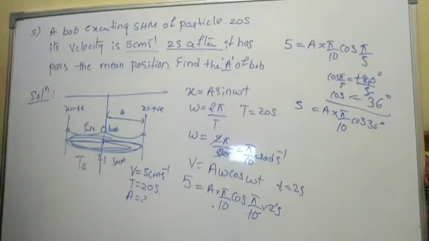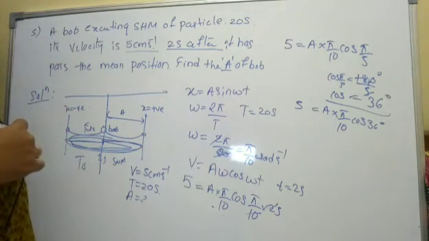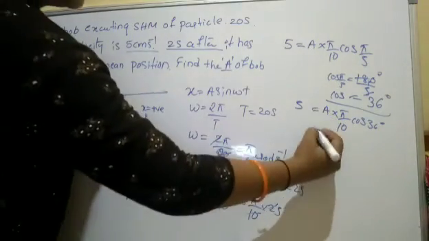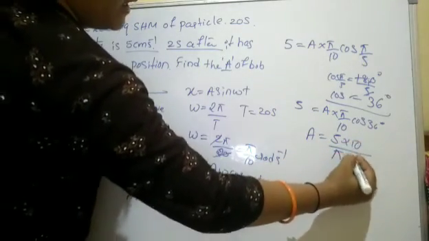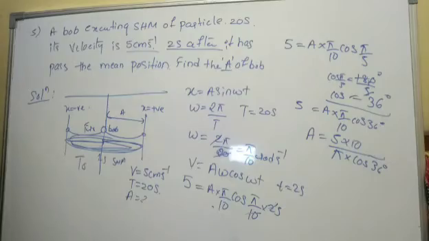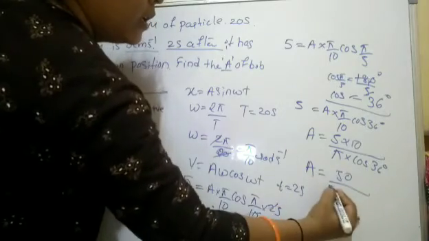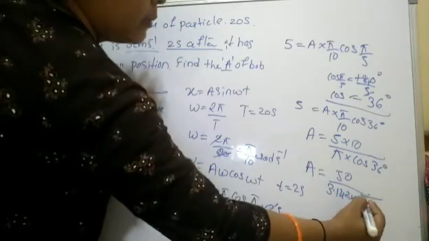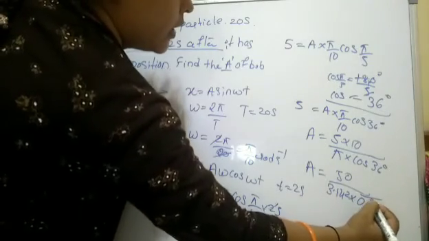For cos 36 degree you can make use of your class table or the logarithmic table. You will get to know what value you are getting. Now I am directly writing this value here. We need to calculate a, so it will come as 5 into 10 divided by pi into cos 36 degree. So amplitude is 50 by pi, which is 3.142, and cos 36 I am directly writing as 0.8090.